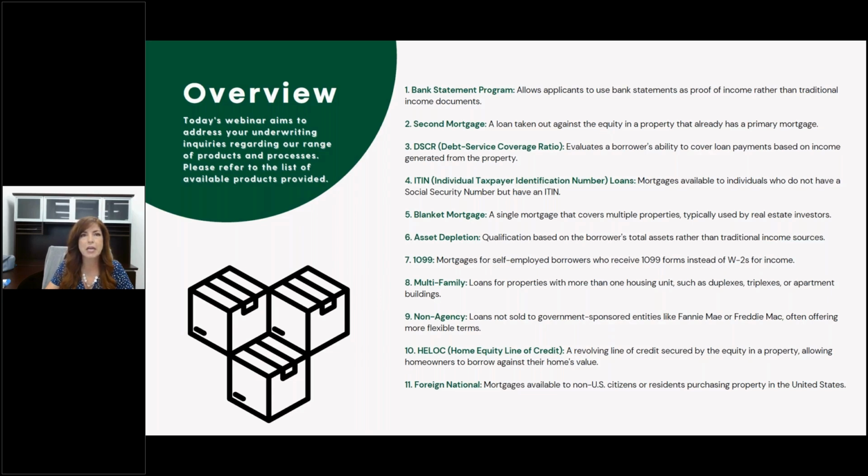If a borrower says they have no employees, we're going to ask for a business narrative on the business bank statement program to tell us what the business does, so we have an understanding of what we're looking at so we can calculate that income.